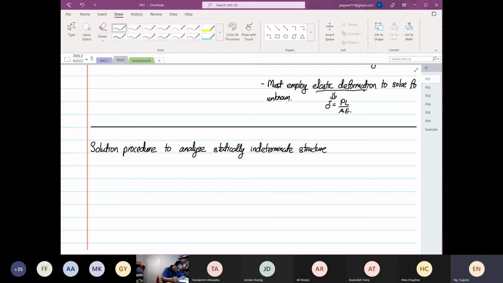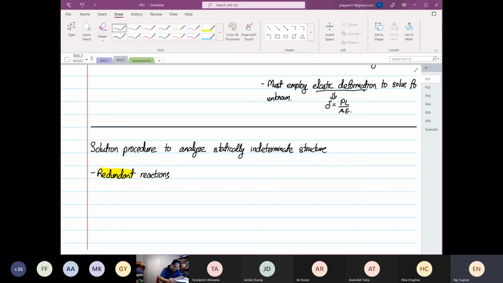So the redundant reaction. A key thing to emphasize down here is the word redundant.